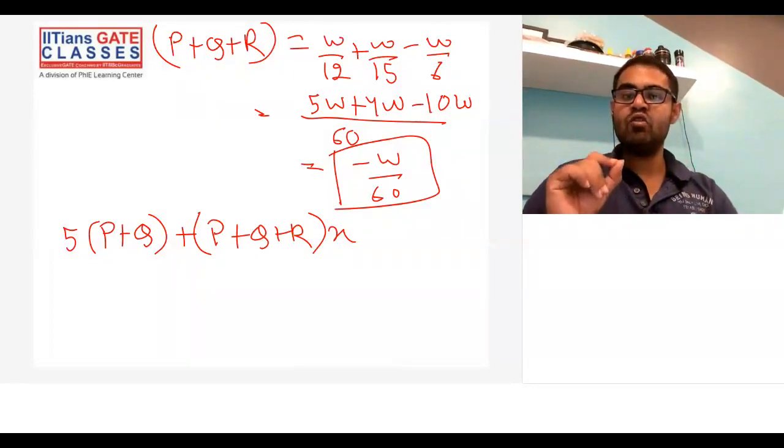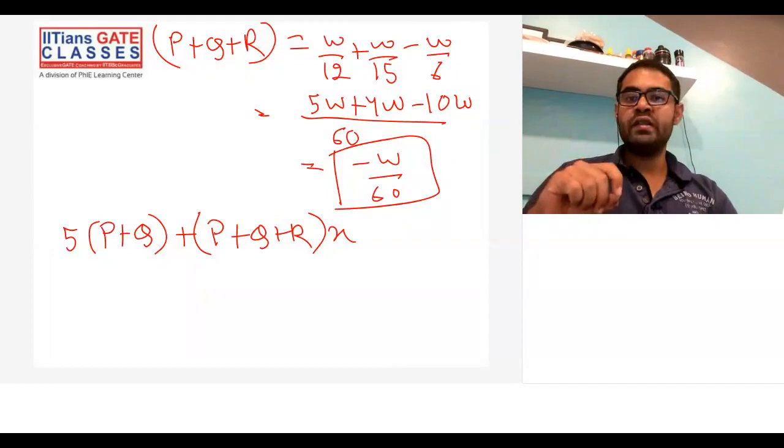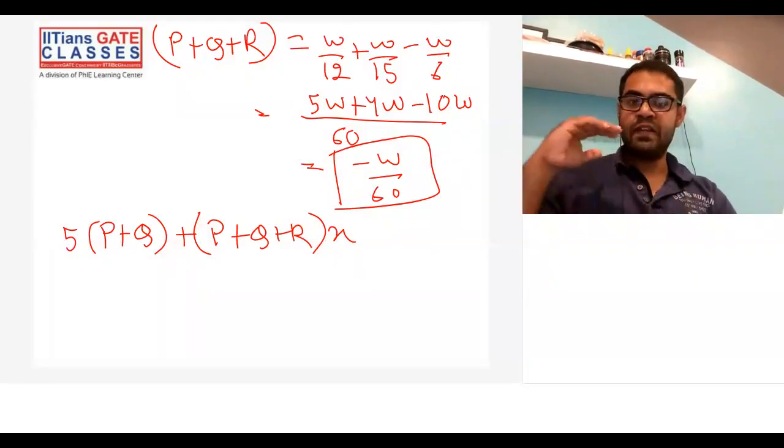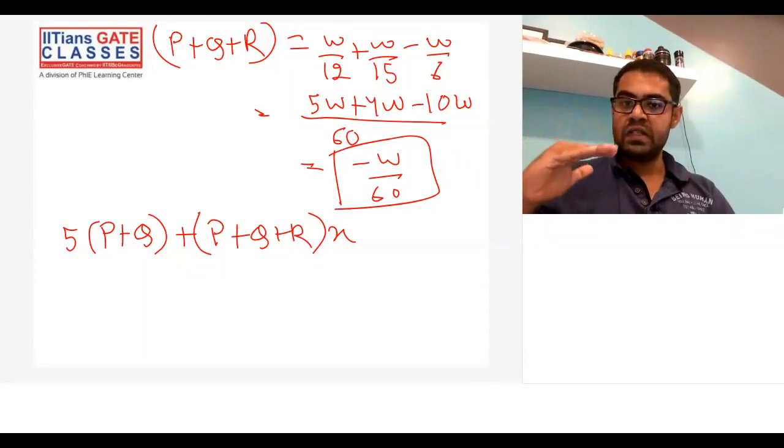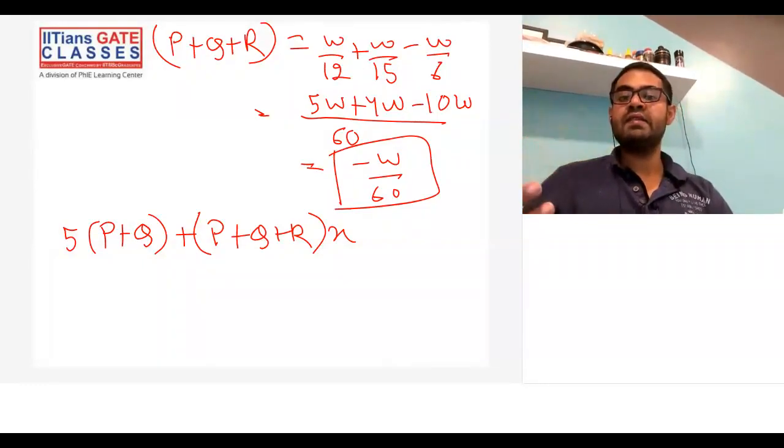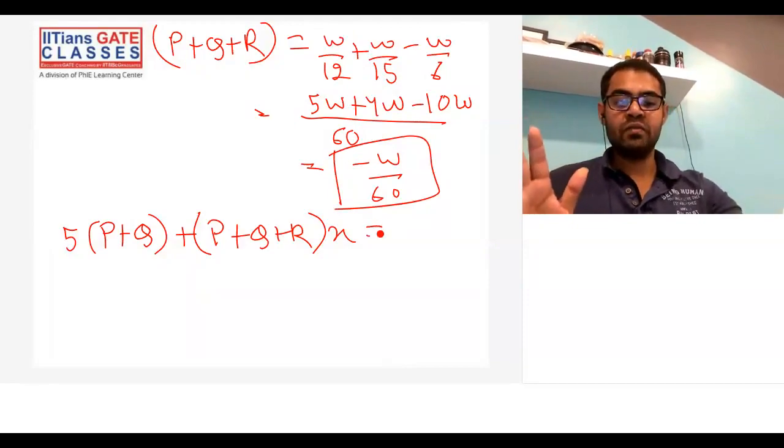Since P and Q both are pouring water in the tank and increasing the water level, we will fill some water. After R is also open, that water which was filled by P and Q initially will start decreasing till the tank is empty. So from this point the total thing should be 0.